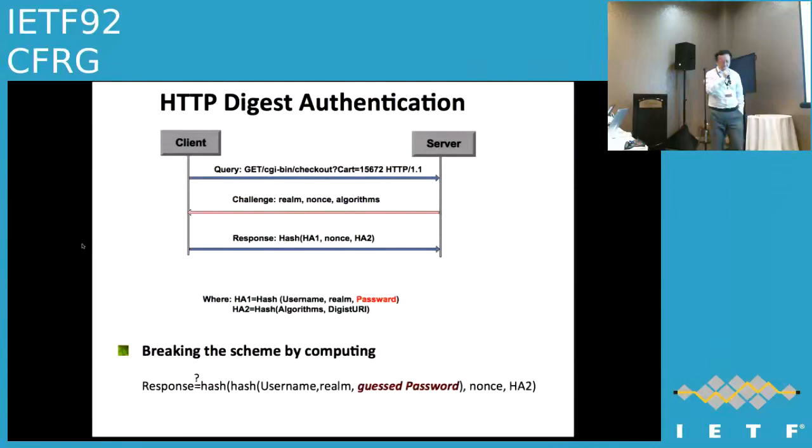This is very simple. The attacker can record all the transactions between the client and the server, and use the following formulas to compute with a guessed password and hash messages, and compare with the response. If they are equal, this means he got the right password.